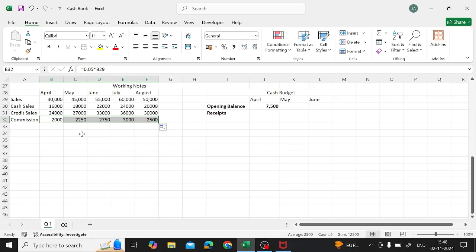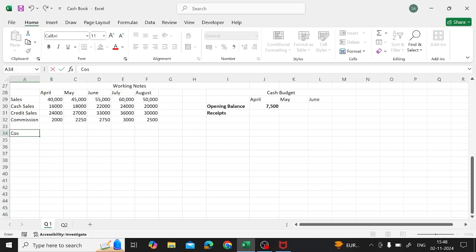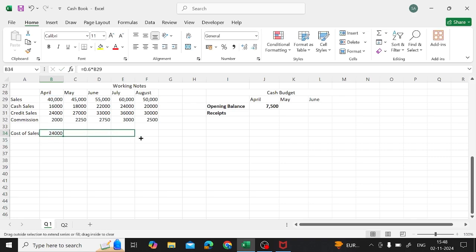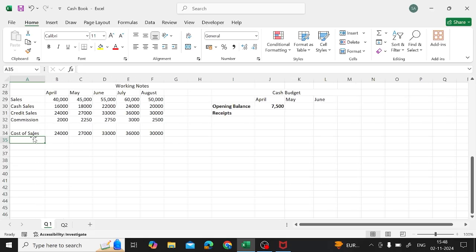Another thing we have to calculate is the purchases. How will you calculate the purchases? The cost of sales given in the question is 60% of the sales, so it is equal to 0.6 of sales. Another is the desired closing stock.